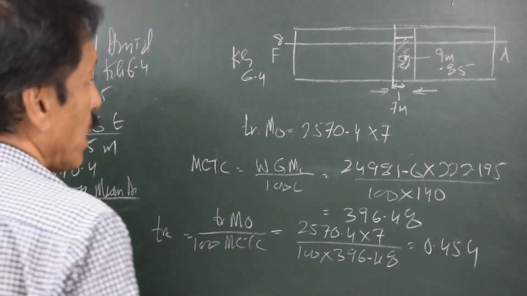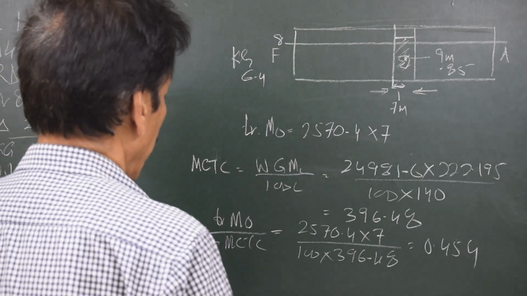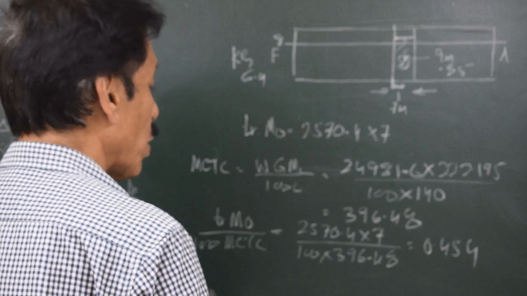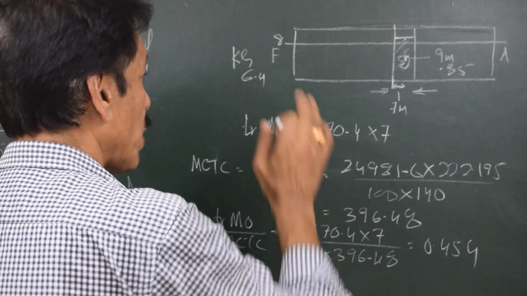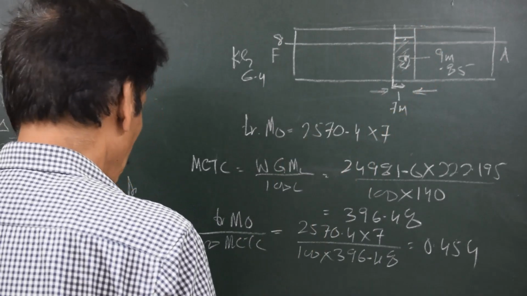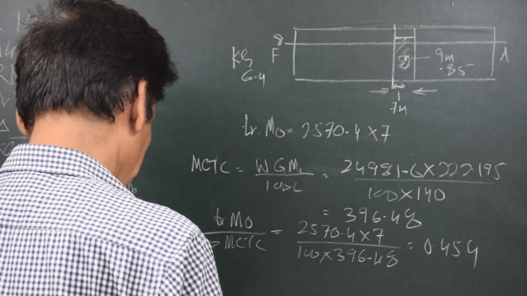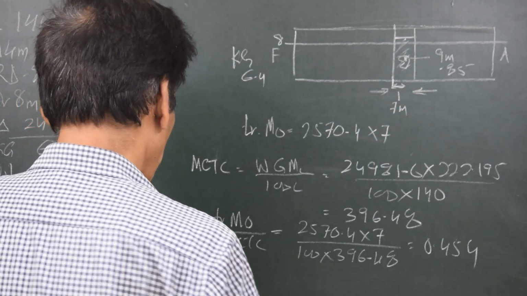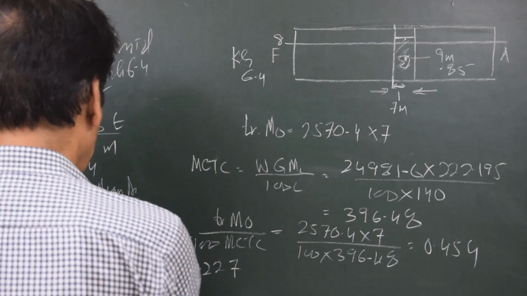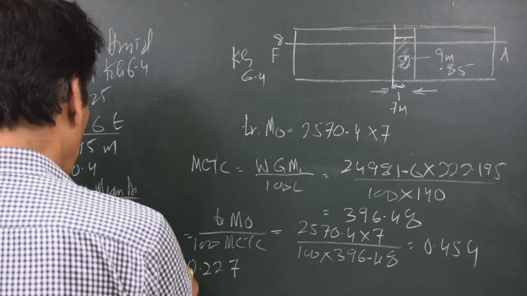So this is the trim change, and because the ship is not damaged, we would say TRA equal to TRF equal to TRC upon 2, because the change of draft due to change of trim forward and aft will be same. So half of this, 0.227 is TRA as well as TRF.